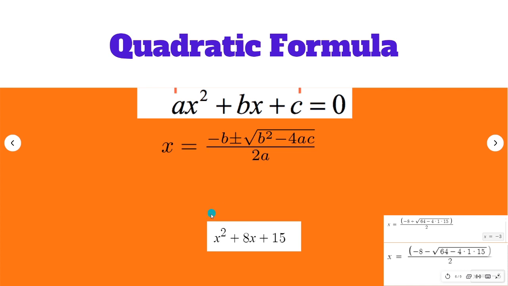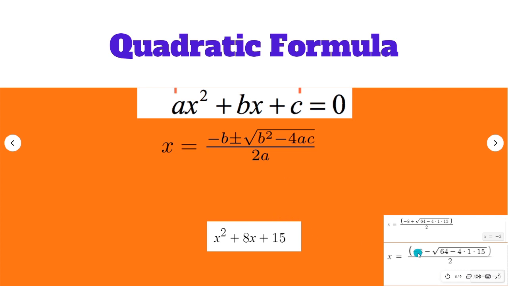And so just a quick example, if we took the example from the previous slide, x squared plus 8x plus 15, we know b is 8, a is 1, and c is 15.